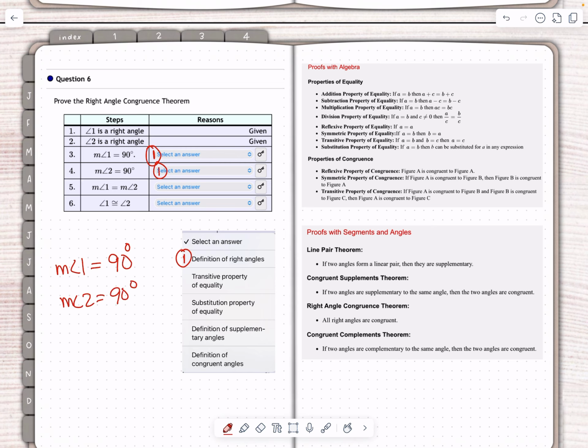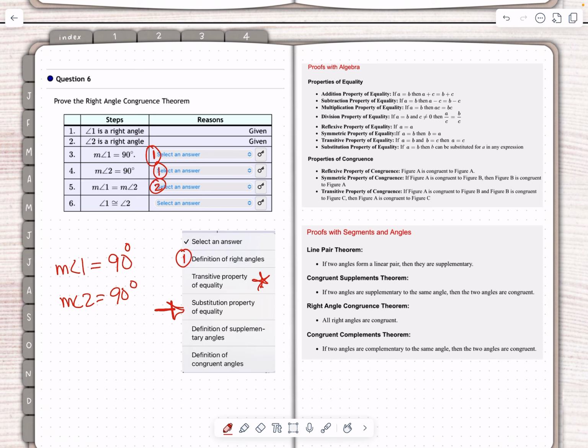So for this particular one, we're going to choose substitution property of equality. In the past, we've also chosen transitive property of equality. But for this particular one, go ahead and choose that one.